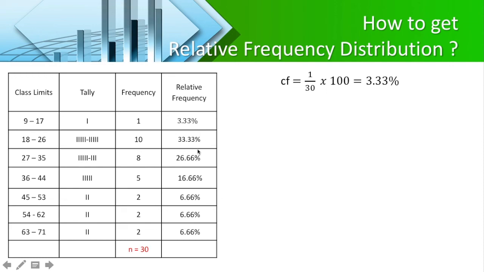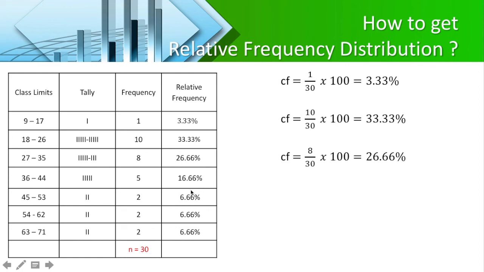Next, how do we get 33.33? That is very simple. It's only 10 divided by the total times 100, which is 33.33%. Next, how about 26.66? That is 8 divided by 30 times 100, which is 26.66.